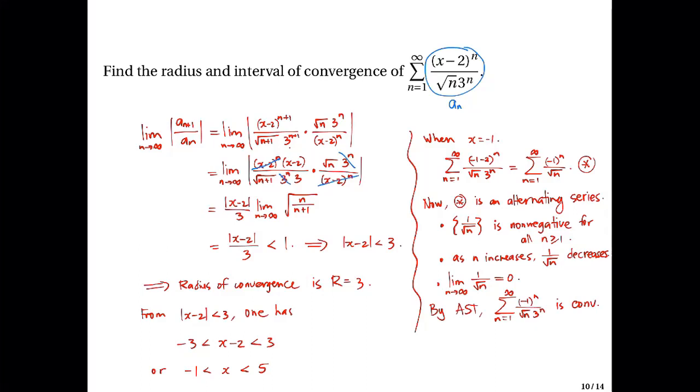Next, let's find whether this series is convergent at x equals 5. When x equals 5, we get the series 5 minus 2 raised to n over square root of n, 3 to the n, as n runs from 1 to plus infinity.